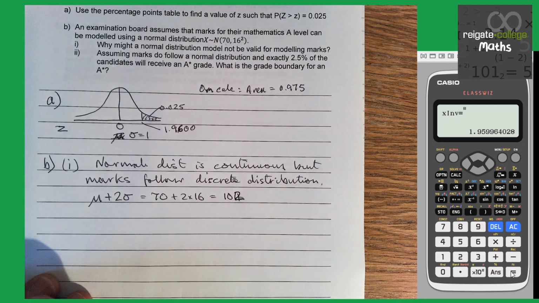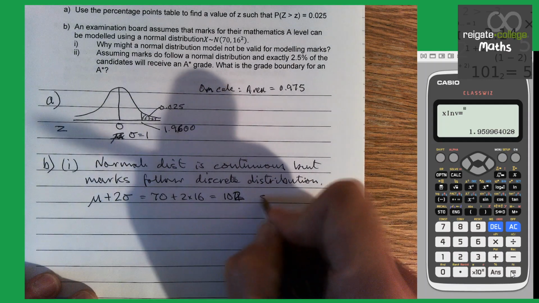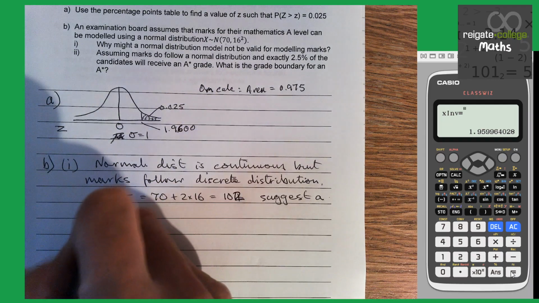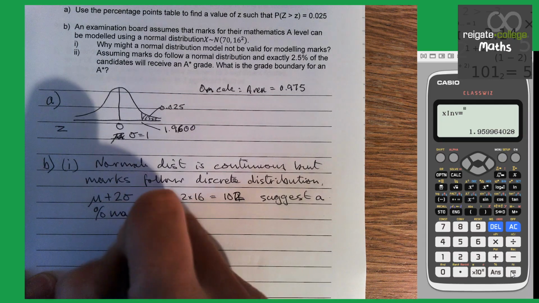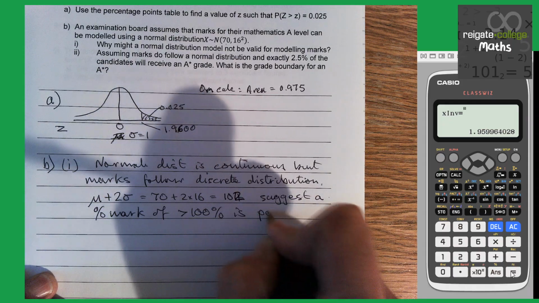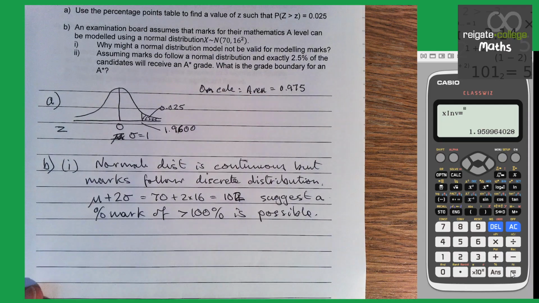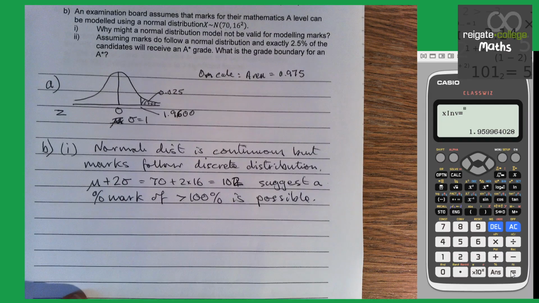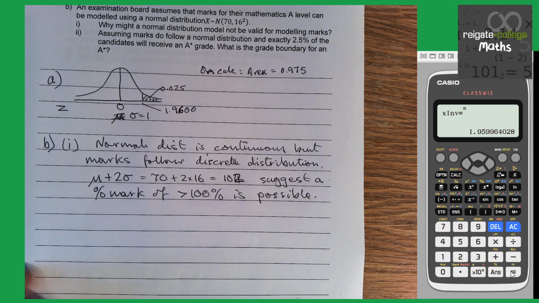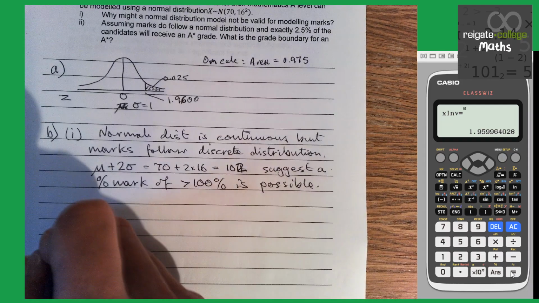Which is 102, and this suggests a percentage mark of greater than 100% is possible. Now, I don't think it's entirely clear that these are percentages, so maybe that's also not a reasonable criticism. Maybe the mark is out of 120 or something like that, or out of 110.